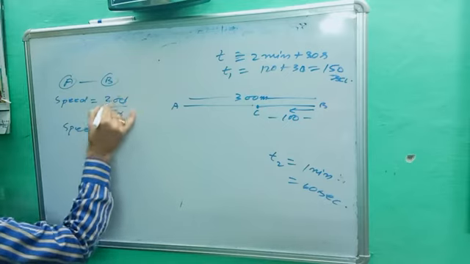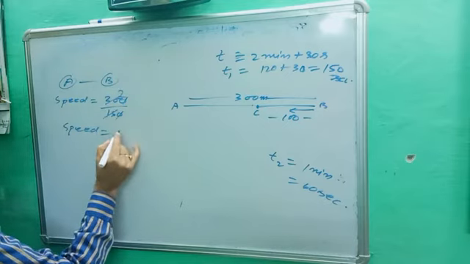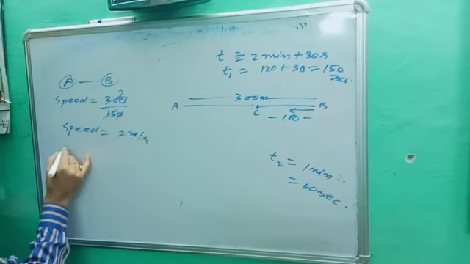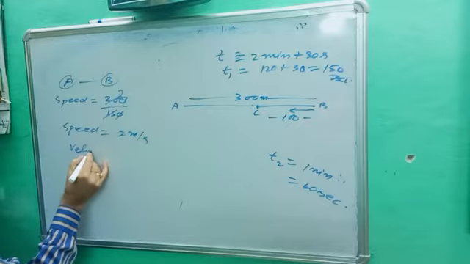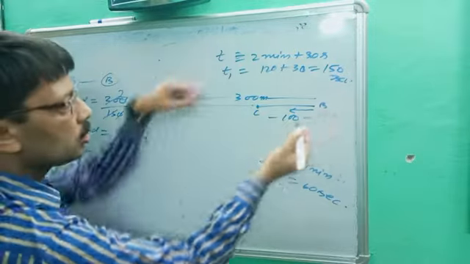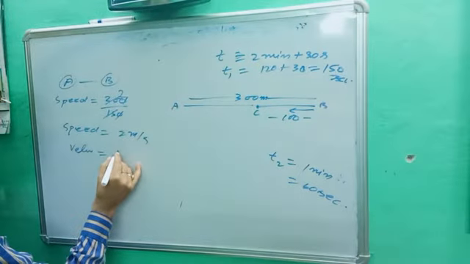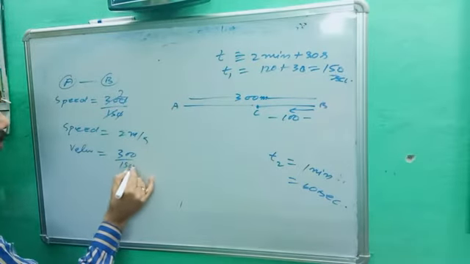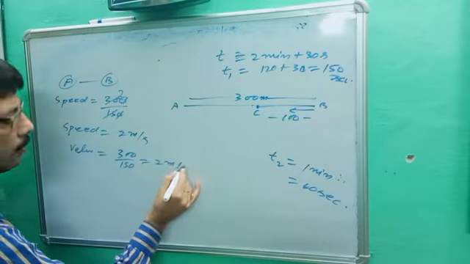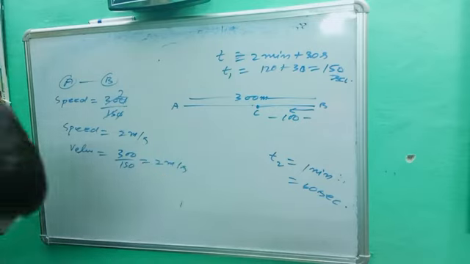Similarly, velocity is the same thing, because from A to B the displacement is already 300 and the time is the same. So again 300 upon 150 is equal to 2 meters per second. Both have the same answer.